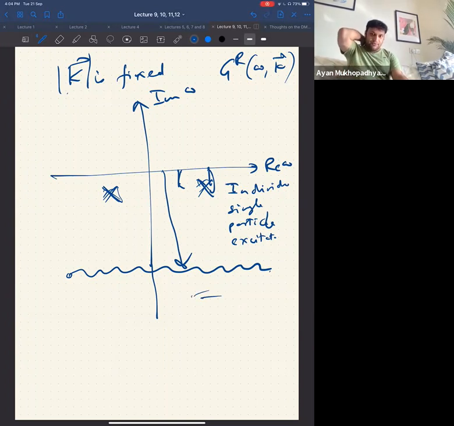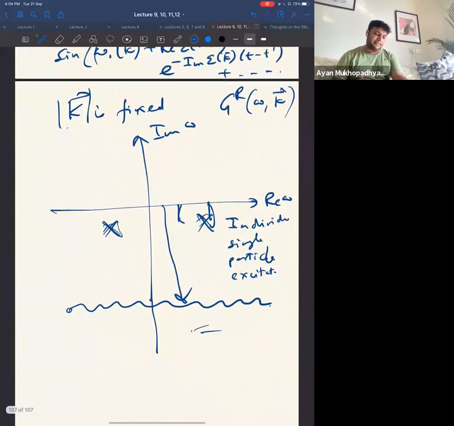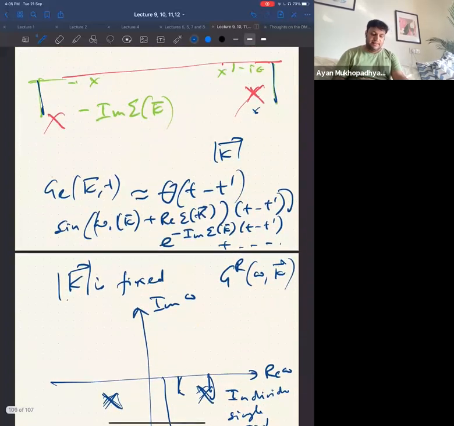If there is more and more damping, then the contributions are suppressed at large times. So if the imaginary parts of the branch cuts are larger, then these things are basically like this.